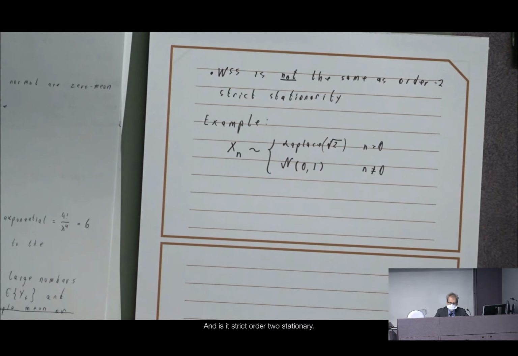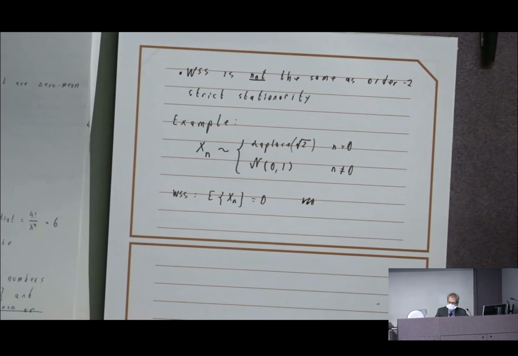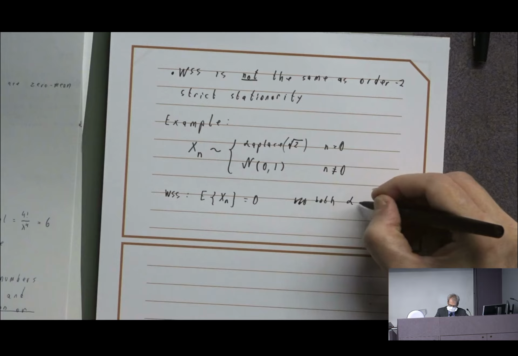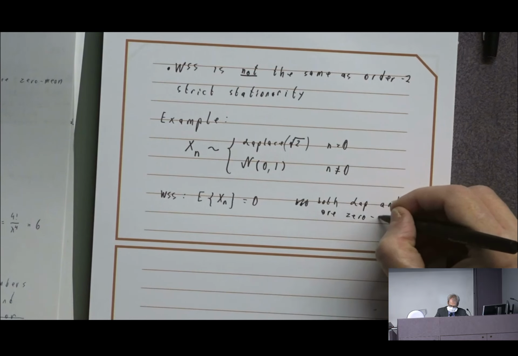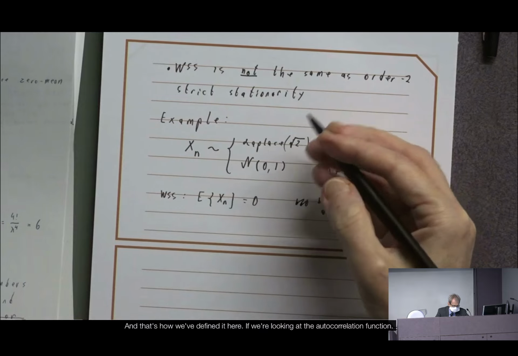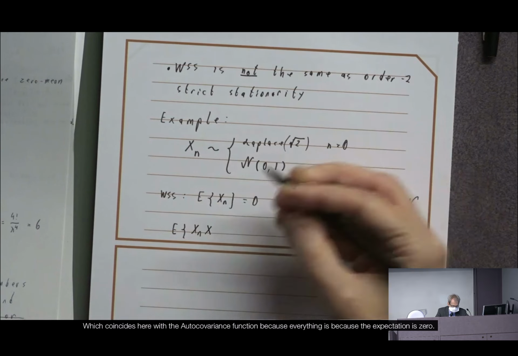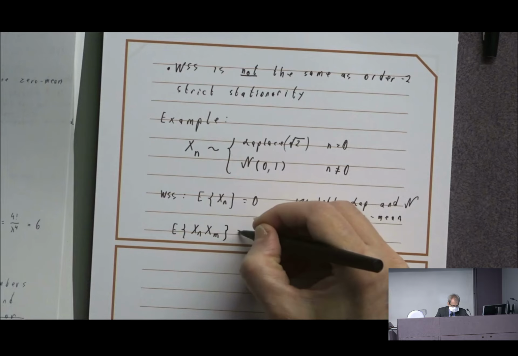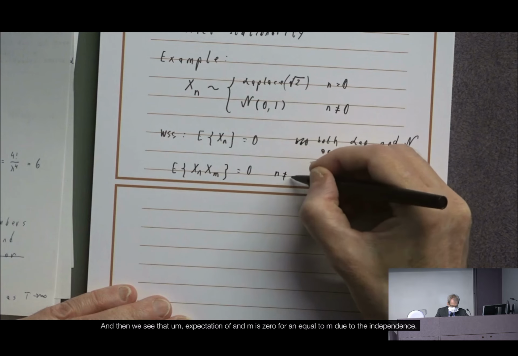When we're looking at wide sense stationarity, we're asking what is our expectation of xn? And that is 0, independent of time, because both Laplace and normal are 0 mean. And that's how we've defined it here. If we're looking at the autocorrelation function, which coincides here with the autocovariance function because the expectation is 0, we see that the expectation of xn xm is 0 for n unequal to m due to the independence.